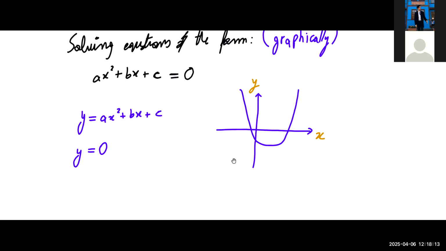Would it just go like that? There you go. Horizontal, exactly. It's a horizontal line at y equals 0, basically. What do I mean by at y equals 0? Because see, the y value over here is y equals 0, isn't it? So it's at exactly y equals 0.